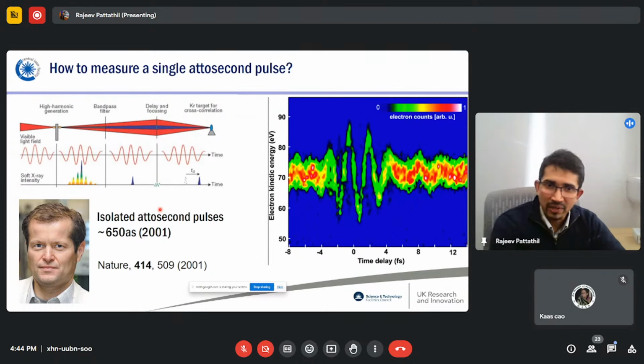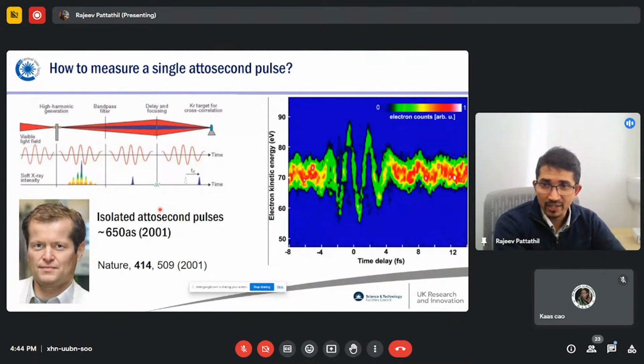This was published in Nature in 2001. So for these two, going back to what I said earlier, for the experimental demonstration of attosecond pulses, this is why L'Huillier, Agostini, and Krausz got the Nobel Prize.